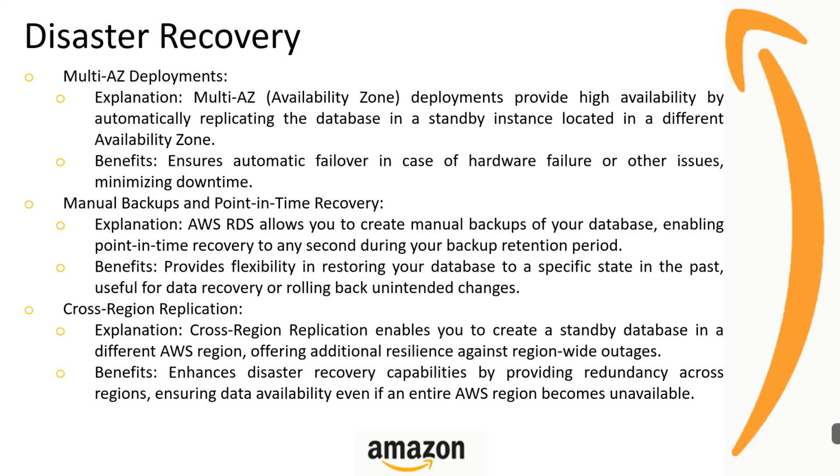So what is multi availability zone? Multi availability zone deployment provides high availability by automatically replicating the database in a standby instance located in a different availability zone, right? Take one region like the Mumbai region. In the Mumbai region we have three availability zones.